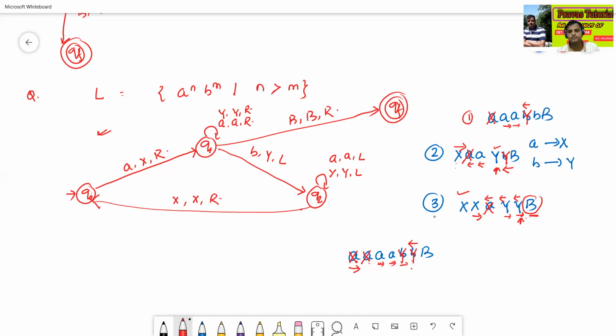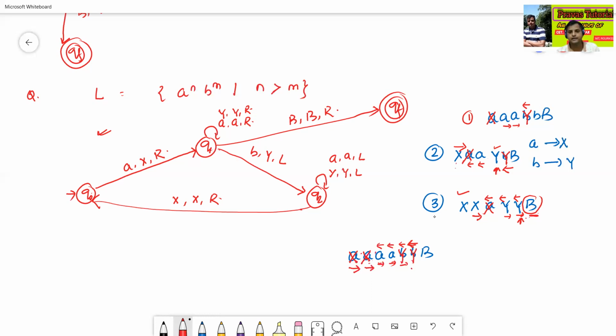Then Q2 skips Y, Q2 skips Y, Q2 skips A, Q2 skips A. And when Q2 reads this X, it moves towards right.